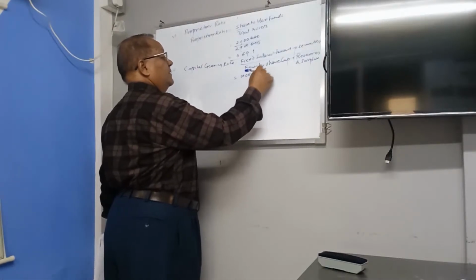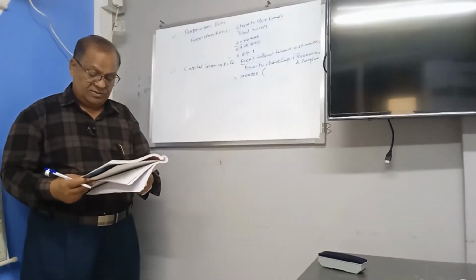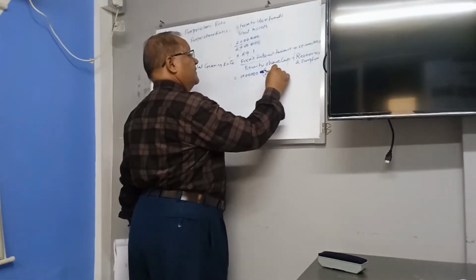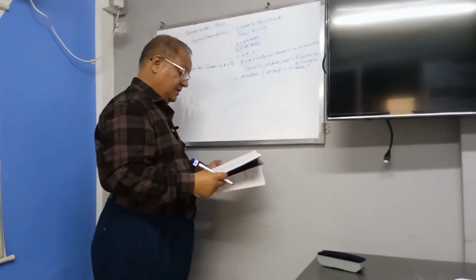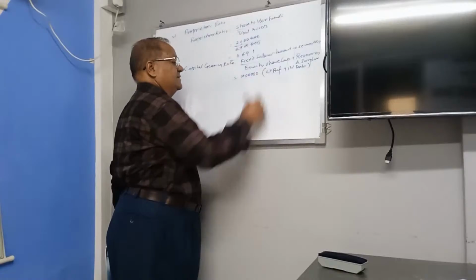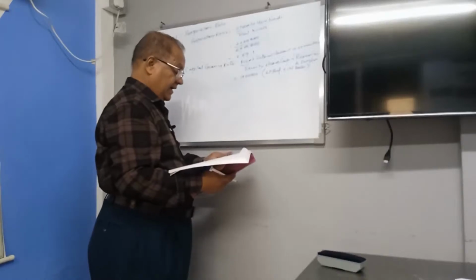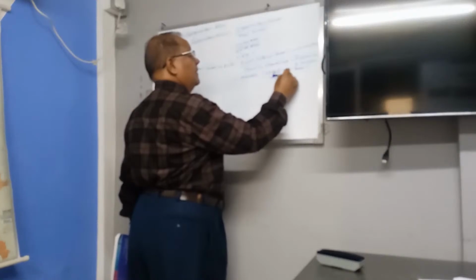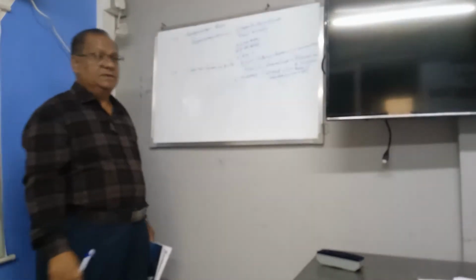How is that 10 lakh? 6% preference shares is 5 lakh and debenture is 5 lakh. 5 lakh plus 5 lakh is equal to 10 lakh.